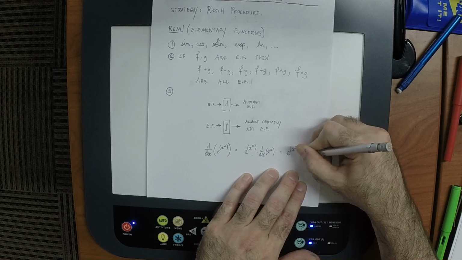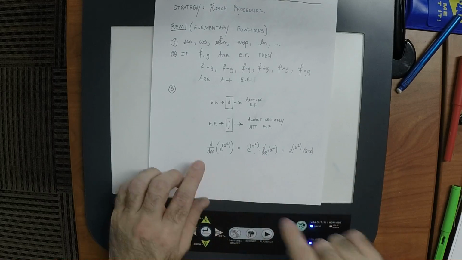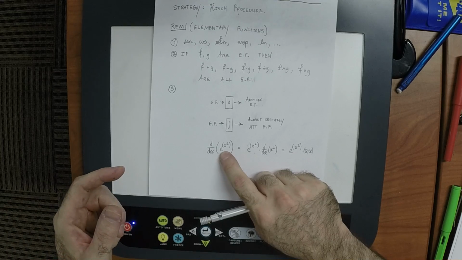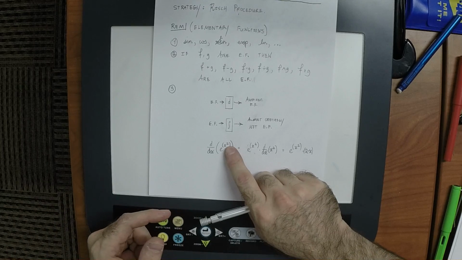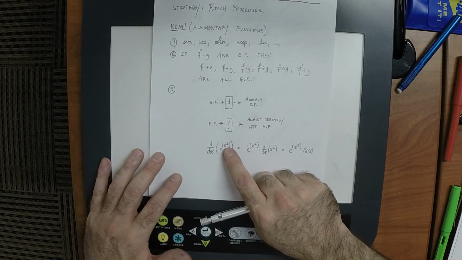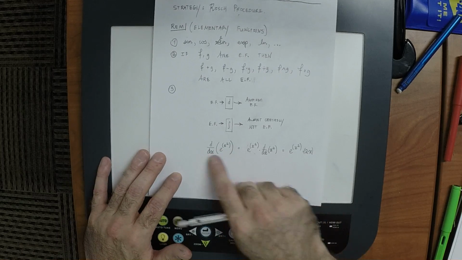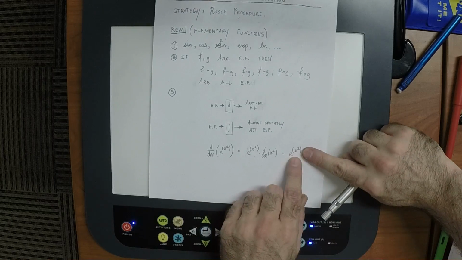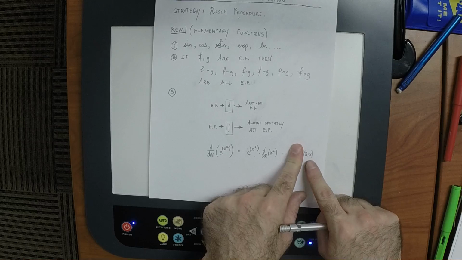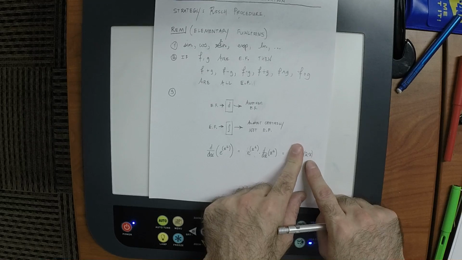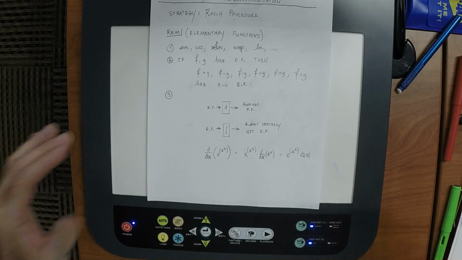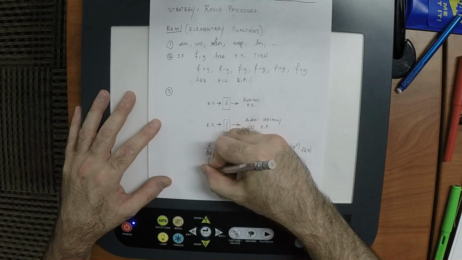What I want you to see from this is that exponential is elementary. Polynomials are elementary. The composition of those is elementary. So exponential of x squared is elementary. We calculated its derivative, and we got that function, which is elementary, that function, which is elementary, and the product of those two functions is elementary. Okay, no big deal.